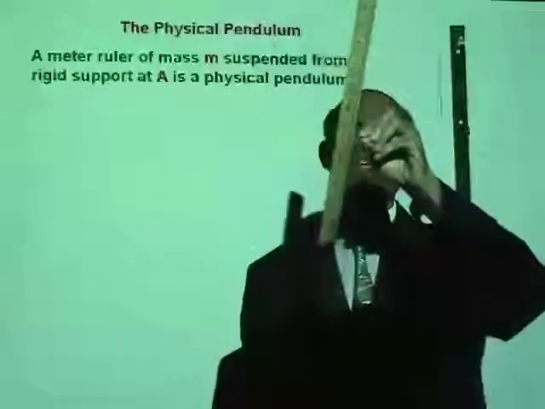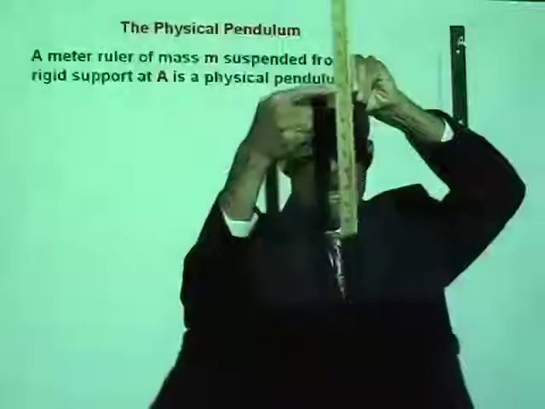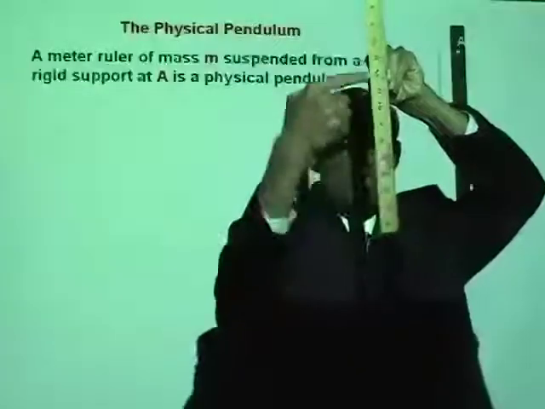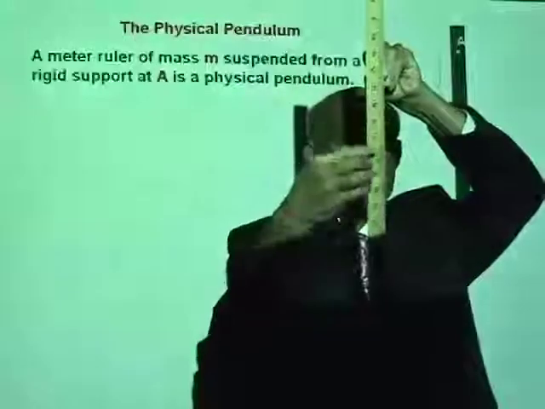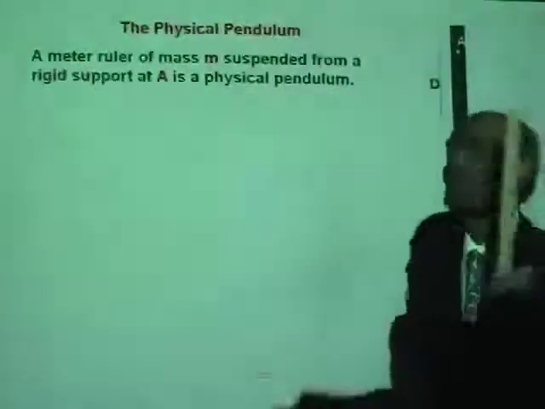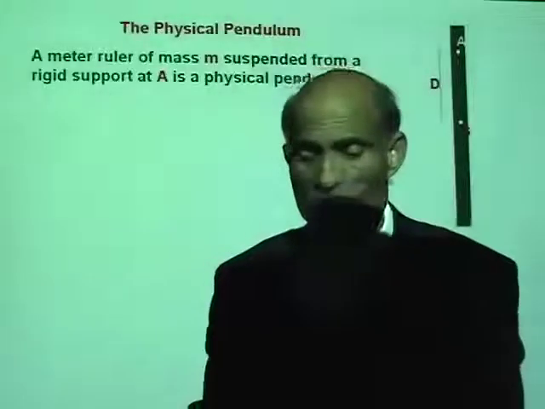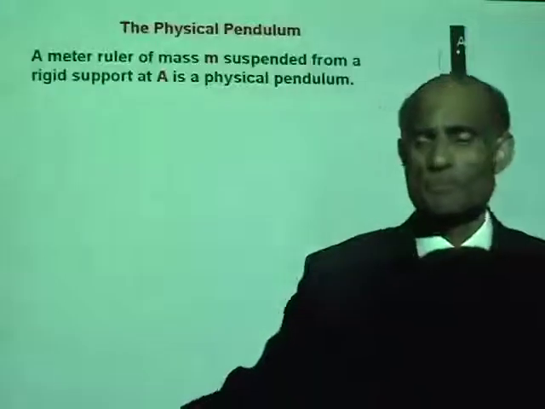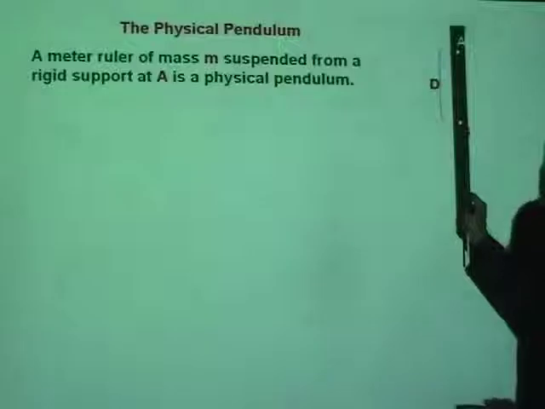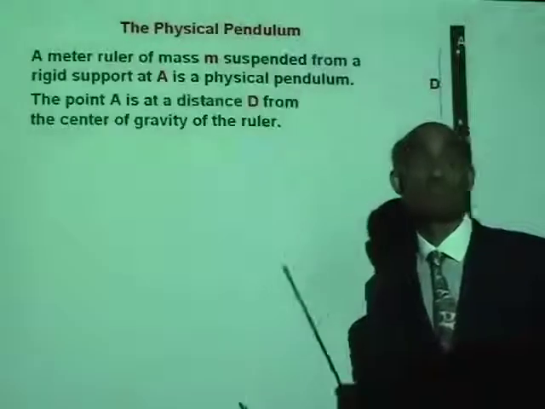Let me find a hole in the ruler. And, well, this is my point A. And if the center of gravity is over here, the distance measured from the point of suspension to the center of gravity, we are going to call that by the uppercase D. So what does uppercase D stand for? The uppercase D stands for distance from the point of suspension to the center of gravity of the meter ruler.